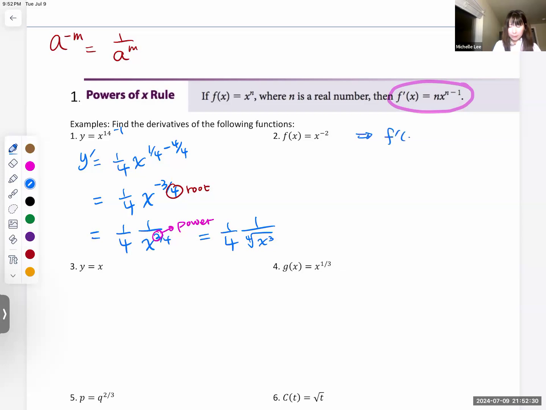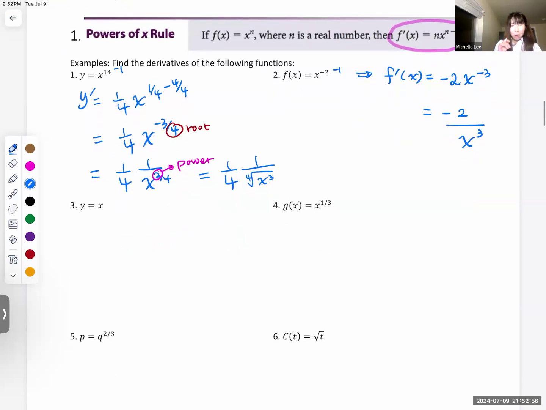Okay, let's do this one. F prime of x. We want the derivative of the function. Then we drop the power, -2, and reduce it by 1. It's -3 for the power. Okay, negative power, -2, and then x to the 3rd power, right? Now we have y equal to x, y prime of. Look, we pretend there is a 1 for the power, and we drop the power, reduce by 1.